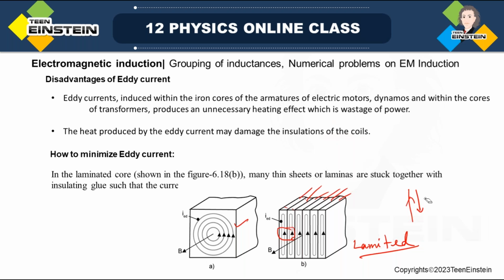Due to this, the net eddy current will actually be zero, because they add up to zero. This goes like this and this goes like this, so they cancel each other.